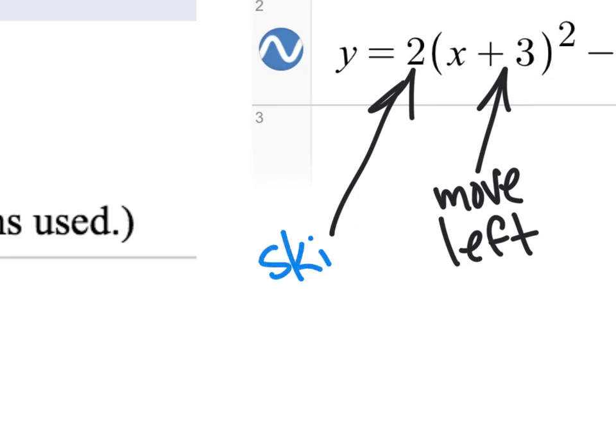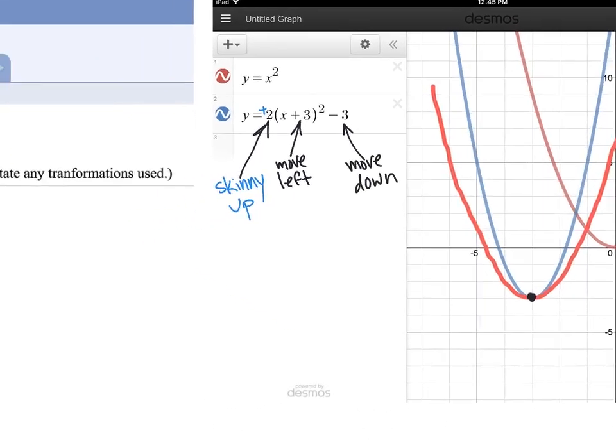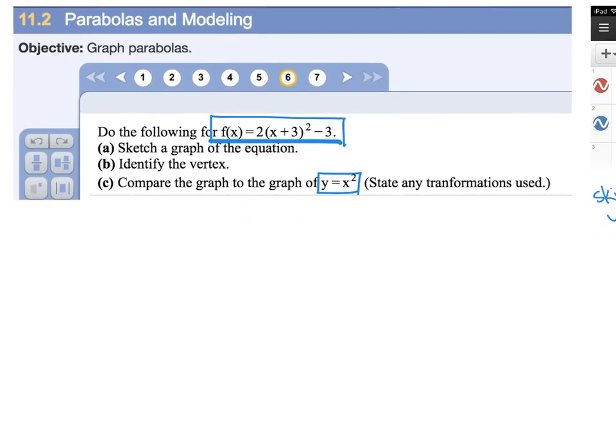And because it's a positive 2, it's going to be skinny and up. If it was a negative 2, it would be skinny and down, like a frowny face. All right? So that is our transformation.